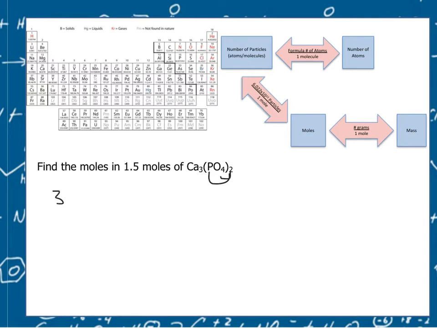So I have 3 calciums times 40.08 is 120.24.